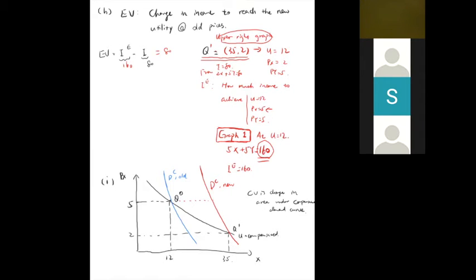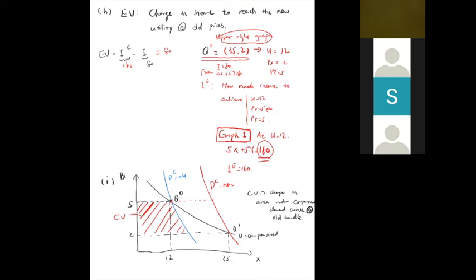So this is the compensated demand curve at the old bundle. And this is the old bundle, and this is how the CV changes, because this is the old bundle.